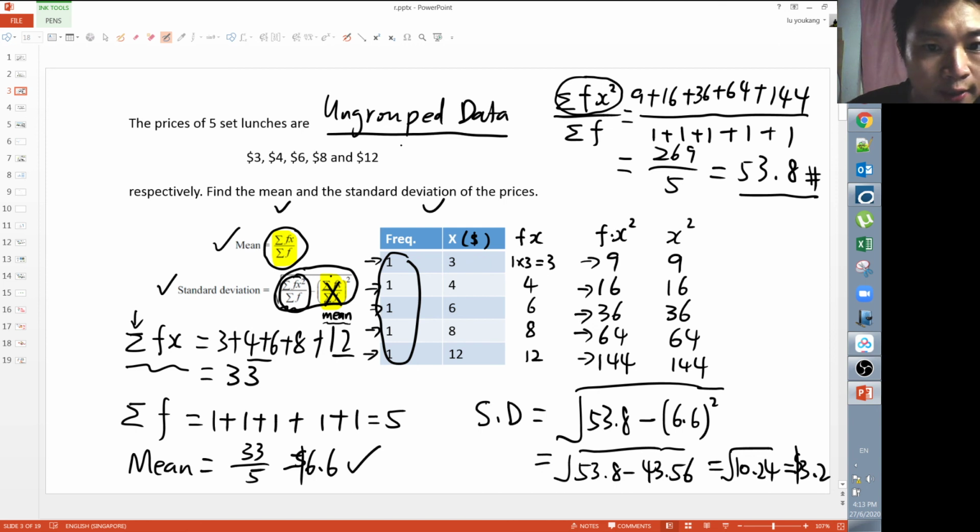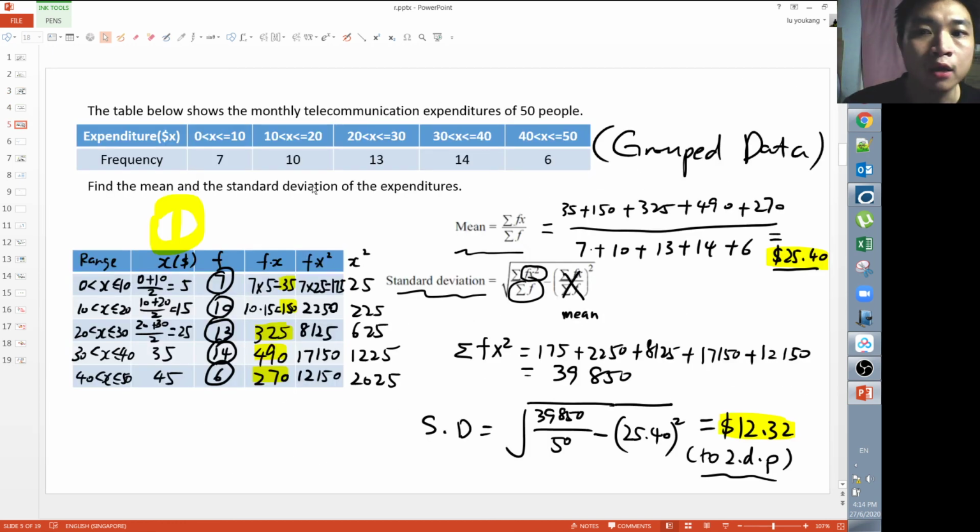Each data is individual data. So over here is find mean and standard deviation of ungrouped data. And for here, you can also find the mean and the standard deviation of group data. What's the meaning of group data? You group the data into range, all right? And then you just establish this table first and find out the mean and the standard deviation individually.